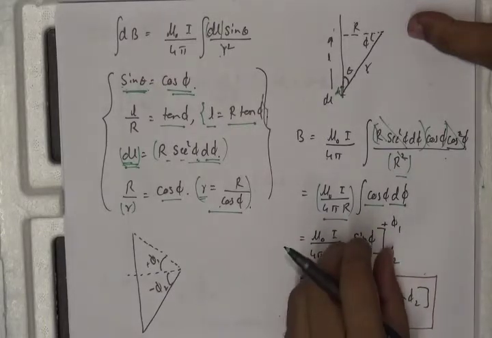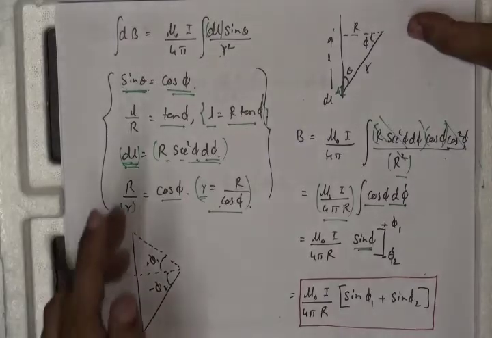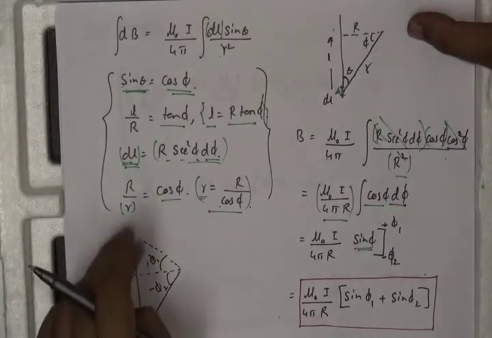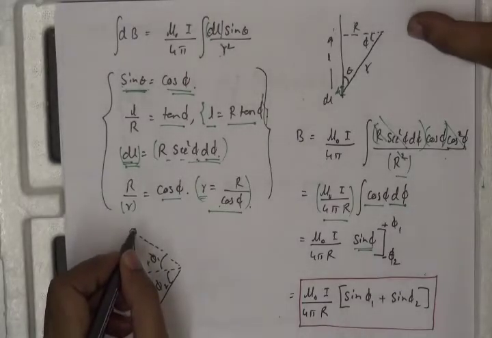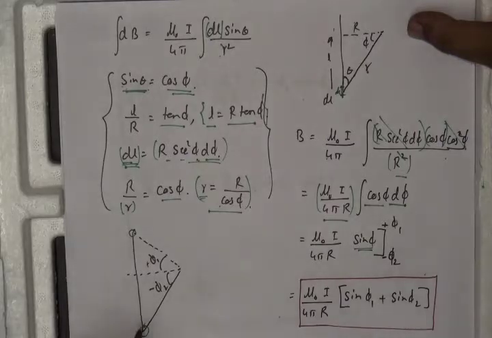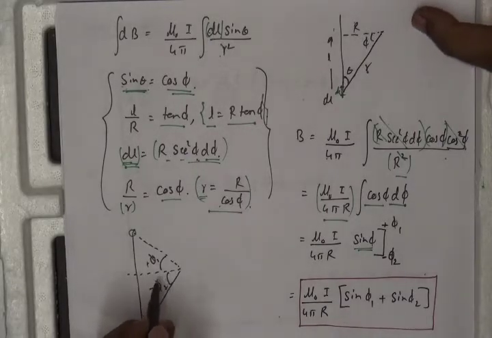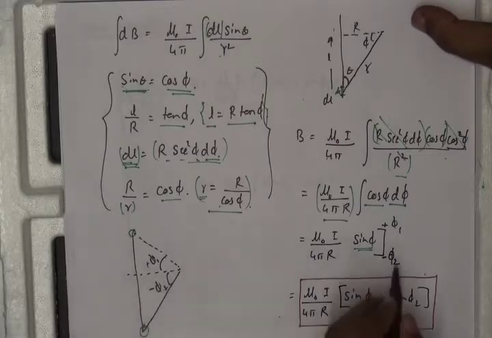We just have to put proper limits such that we are able to include each section of the wire. That means I should be able to include this section also, and this section of the wire also. How am I going to include this section of the wire? I have to put the limit of phi as equal to minus phi 2.